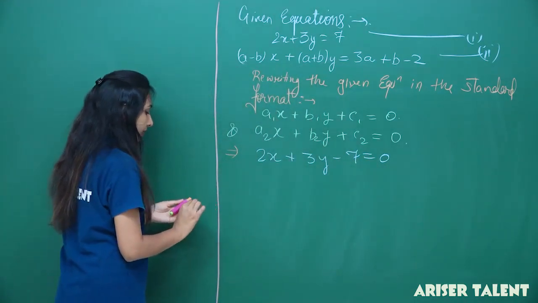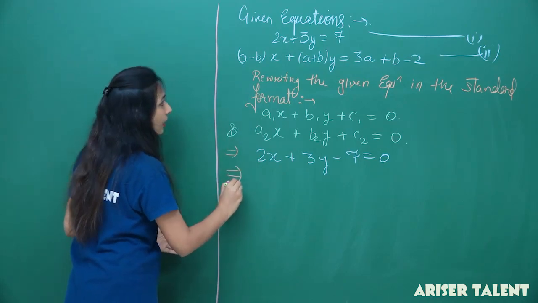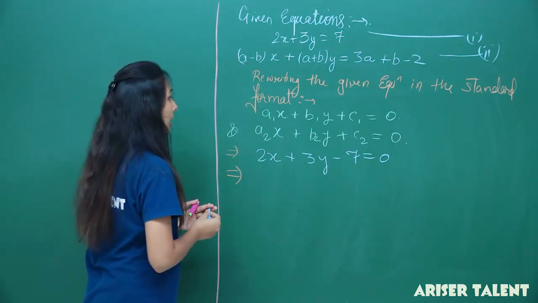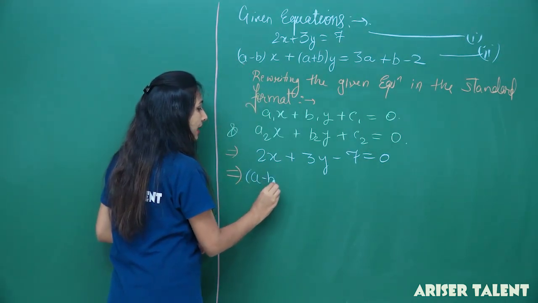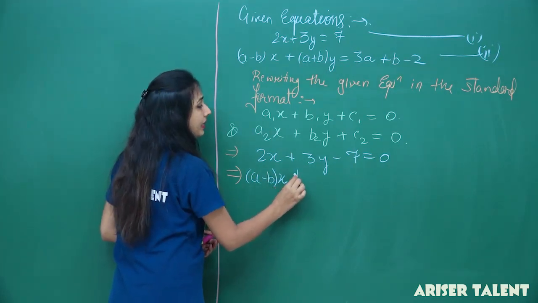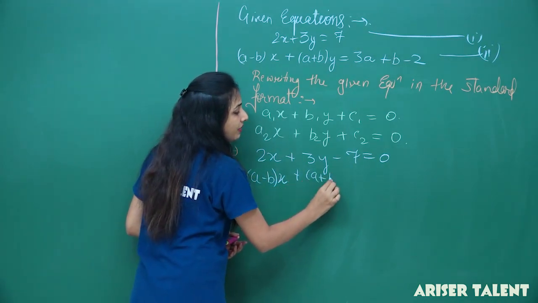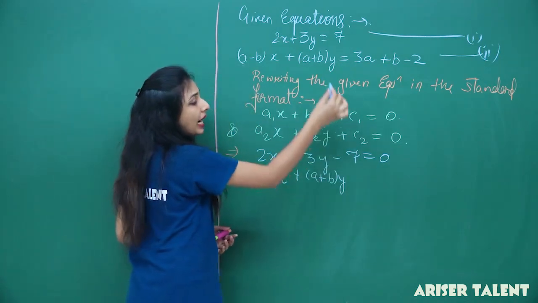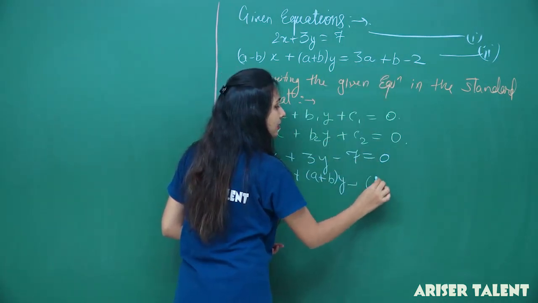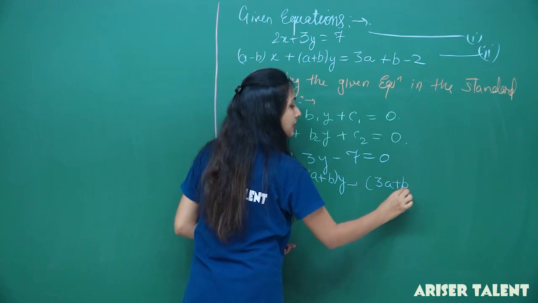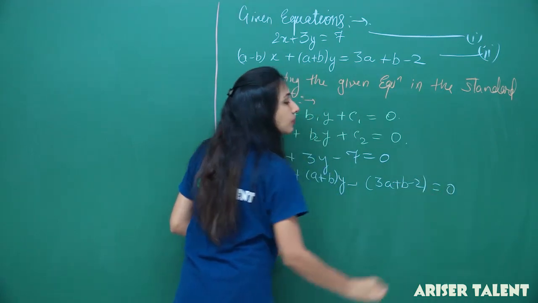Now the second equation, I can convert it like this: (a minus b)x plus (a plus b)y minus the complete term (3a plus b minus 2) equals 0.